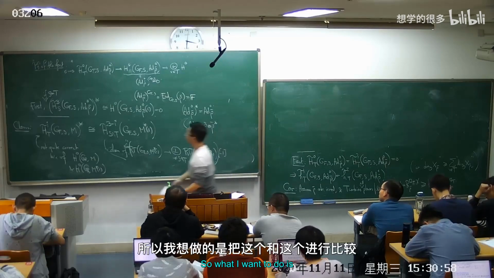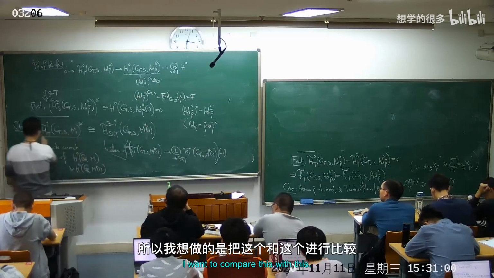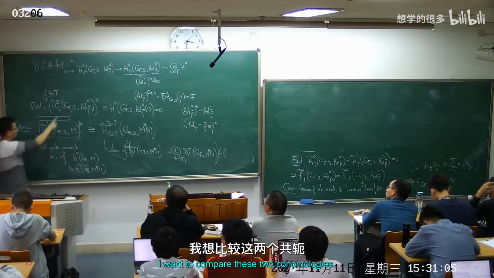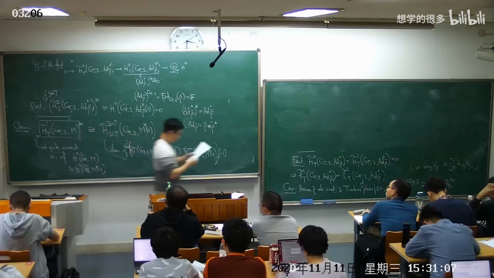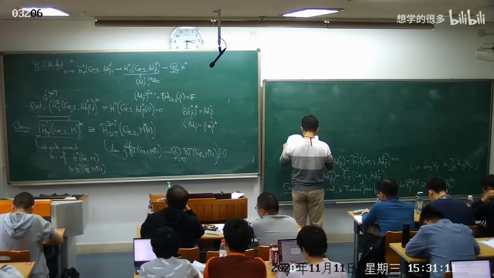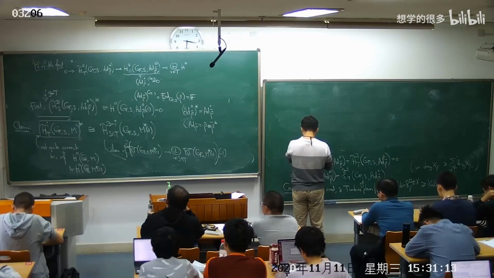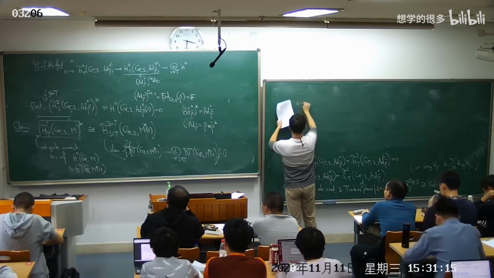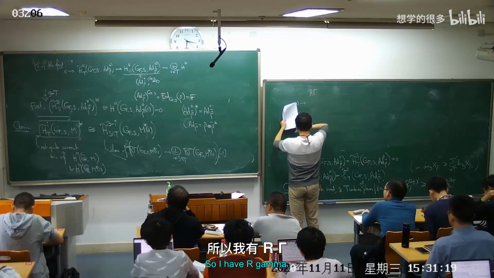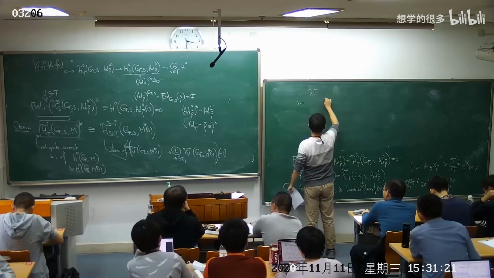Okay, so what I want to do is compare these two cohomologies. So, how are they different? Let's write it vertically. So I have R gamma.